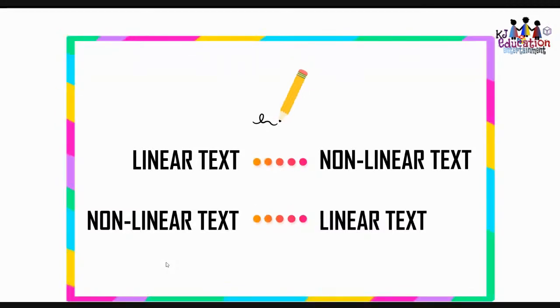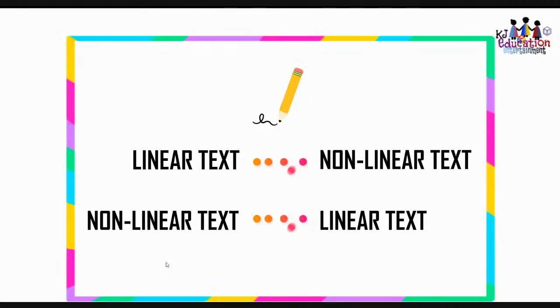So what does it mean by linear and non-linear? I'm pretty sure you know what this is. Linear text means text full of words. You have a lot of words in it, for example, a passage, a story, and so on.